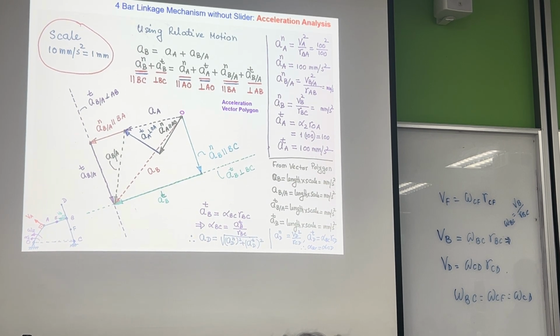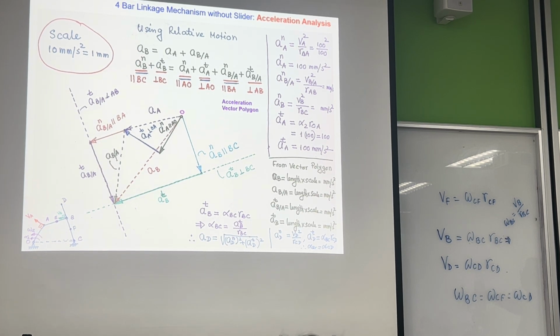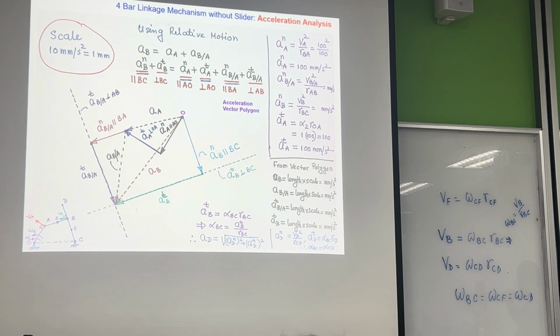Now, I could trick you here. This angular acceleration direction, in this case, I showed you in the same direction as our omega 2. It means it is increasing. Our omega 2 is not constant here. It is increasing, positive. But I could also show you the angular acceleration direction opposite to the angular velocity.